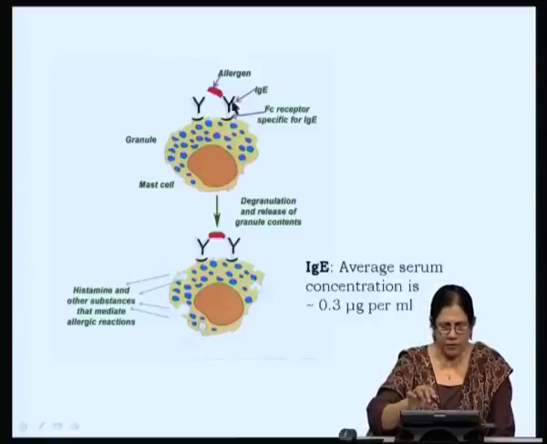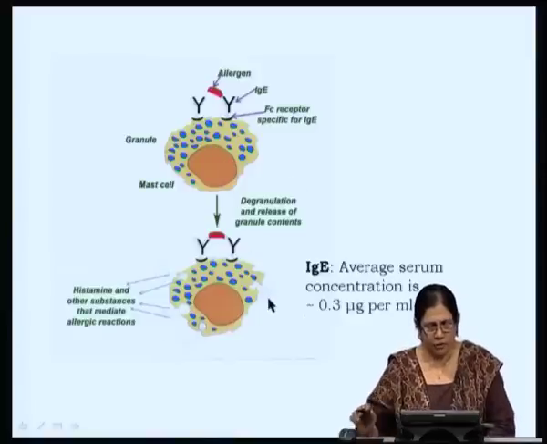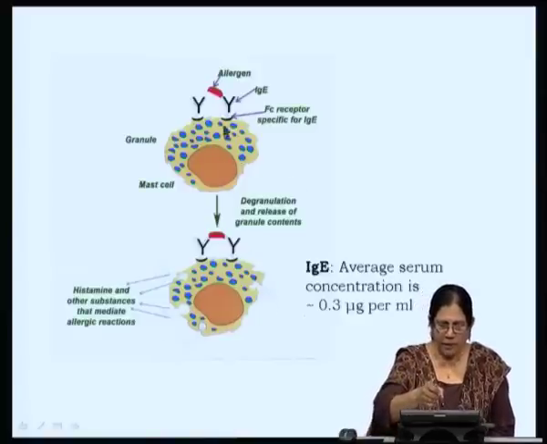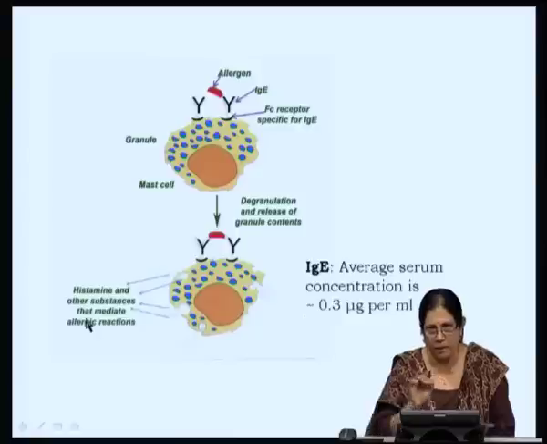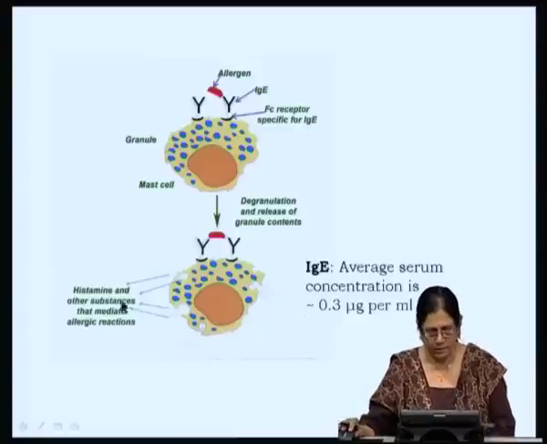Cross linking of such molecules by the allergen will induce cross linking of the Fc receptors which are present on mast cells, and this leads to degranulation and release of the pre-formed, stored granules, components of which are histamine and several mediators, which we will again deal with later.